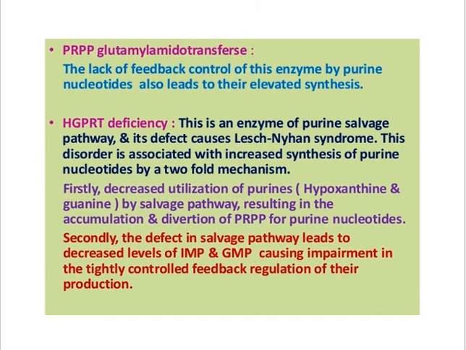As we know, this enzyme catalyzes the conversion of PRPP to phosphoribosylamine, and this enzyme is controlled by the purine nucleotides. So when there is a lack of feedback control of this enzyme, this leads to the excessive production of purine nucleotides.